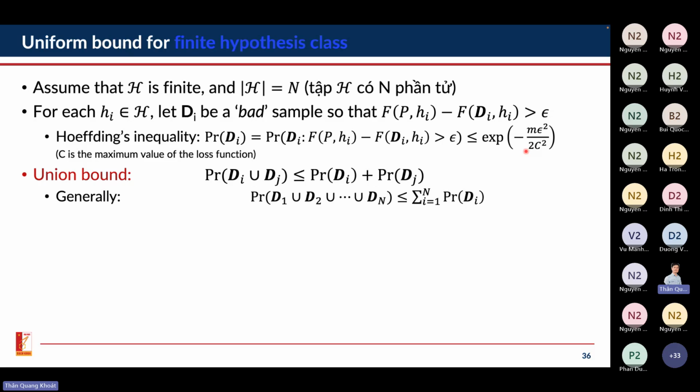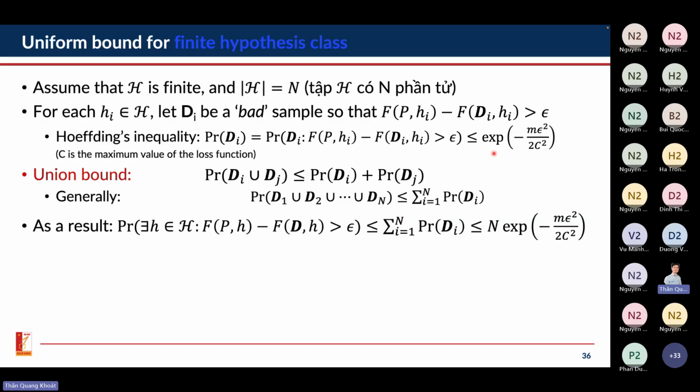Okay, so this probability is at most this quantity, right? And then for two different bad data sets, D_i and D_j, the union bound provides this quantity. That is, the probability of the union of D_i and D_j is less than the sum of the probabilities of those two subsets. If we apply this for every other bad data set, we will have this one.